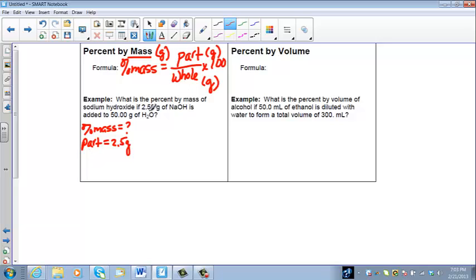No, 2.5 grams of NaOH is added to 50 grams of water. So our whole is going to be 2.5 plus 50. That's the whole thing, which is going to equal 52.5 grams. So our percent mass is equal to 2.5 over 52.5 times 100.